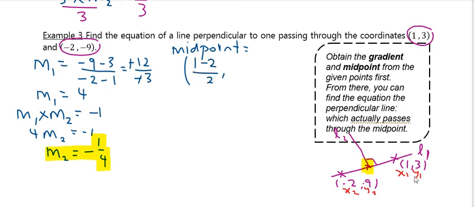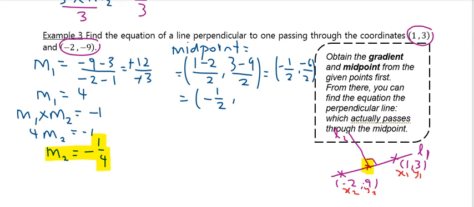And the y coordinate will be 3 minus 9 out of 2. So 1 minus 2 will be -1 out of 2. And 3 minus 9 will be -6, right? Out of 2. So your midpoint will be -half, and then -6 divided by 2 will be -3.